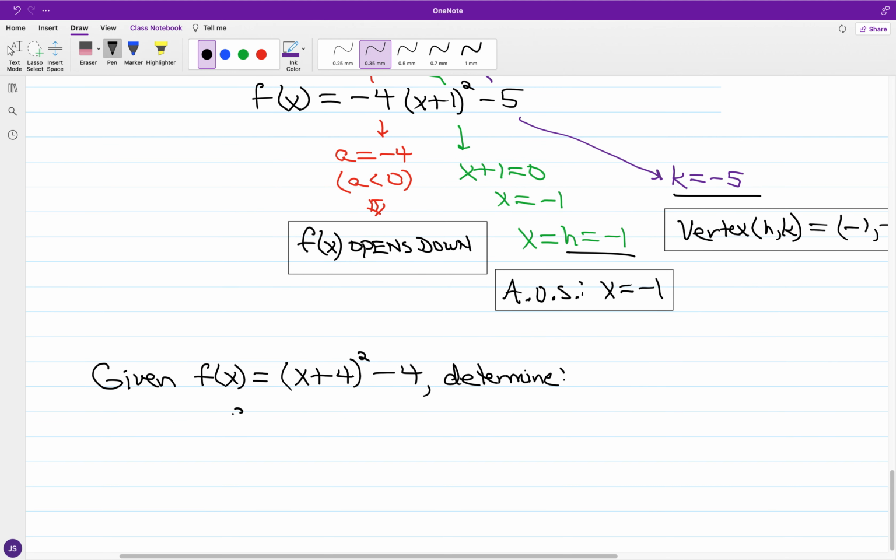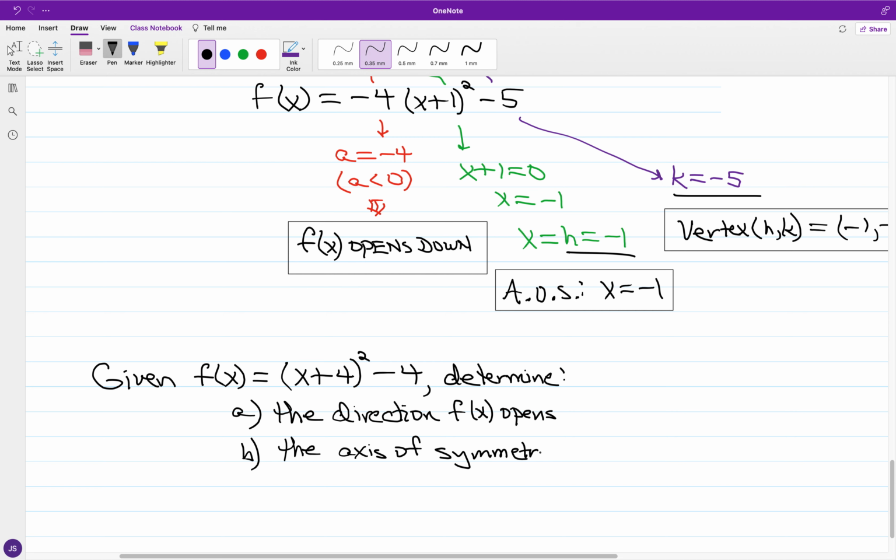So you're still looking at the direction that f of x opens. Second, once again, the axis of symmetry. And then we have the vertex.